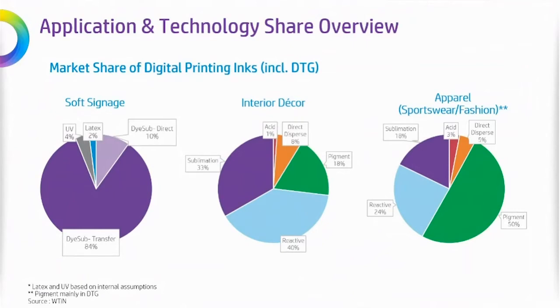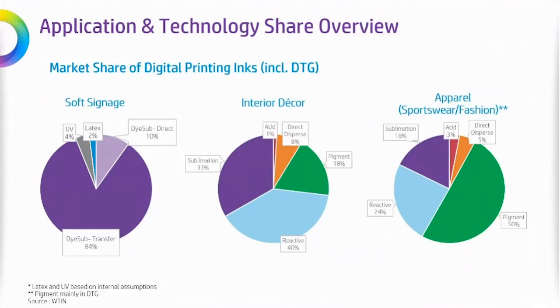You'll see in soft signage that the dye sub transfer is 84%. Home decor sublimation is 33%, which is offset heavily by reactive. Our sportswear and fashion is highly printed using pigment and reactive, and sublimation is about 18% of this market.